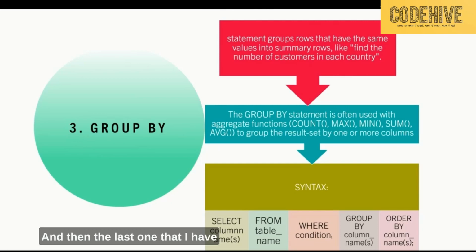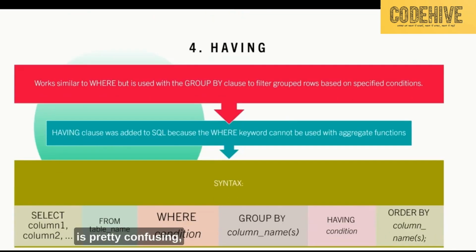And then the last one that I have is pretty confusing, but it will make sense once we look at examples. Okay, so basically the having. This one works similarly to the where clause, but the having is used with the group by clause to filter grouped rows based on specified conditions.